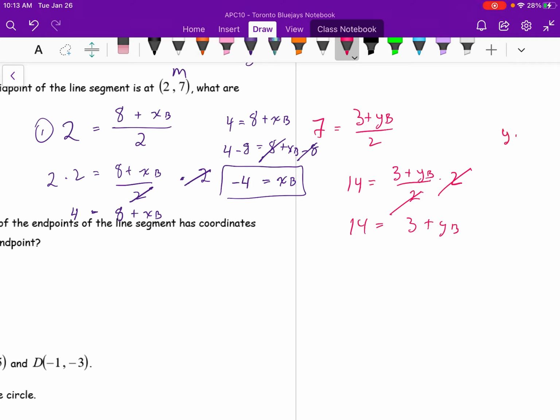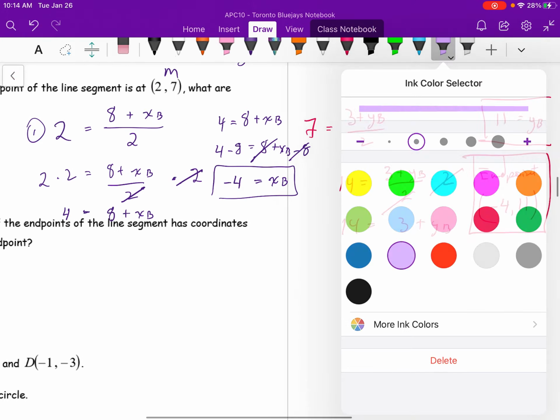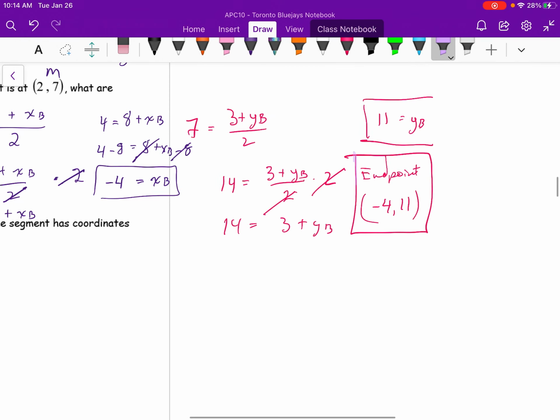So I'm going to subtract 3 from both sides, and what I get is 14 minus 3 is 11, which is yb. So the endpoint: my x-coordinate is negative 4, and my y-coordinate is 11. So I have found my endpoint here.